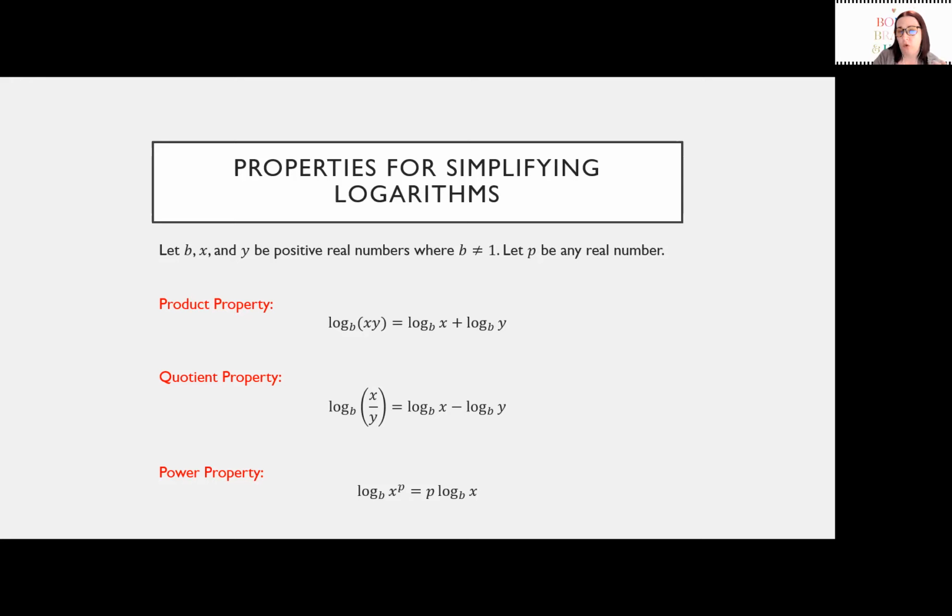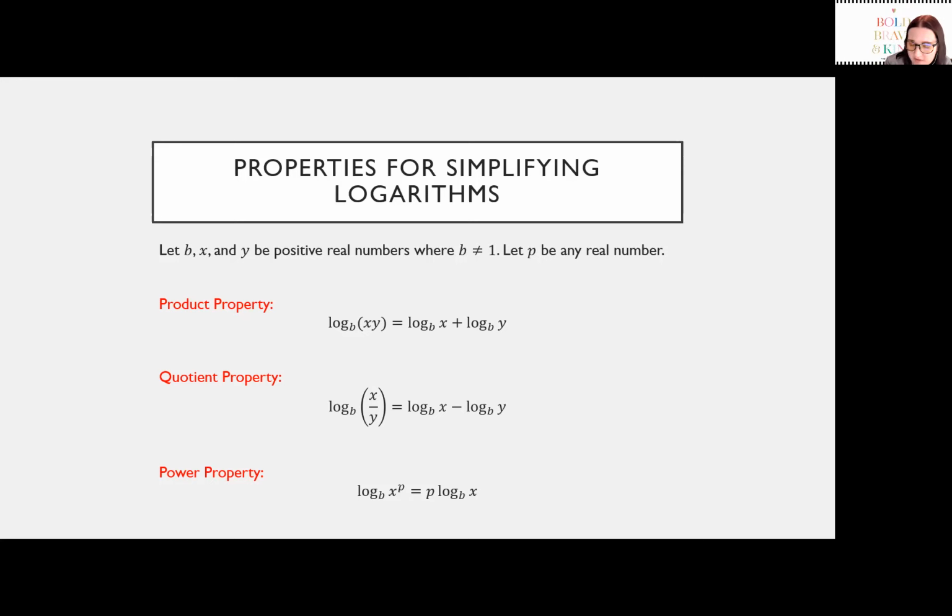We have what is called the product property. If you have things that are multiplied together inside the logarithm, you can rewrite those as 2 separate logarithms. So you can separate it out. It makes sense when you think about our rules of exponents.